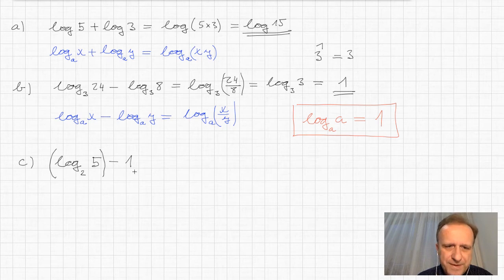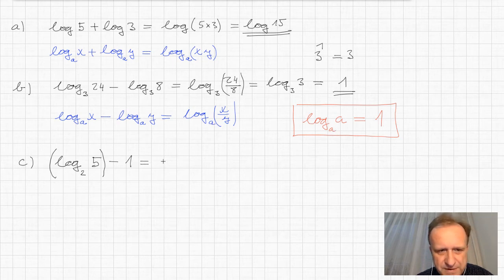So we need somehow to use the logarithmic laws, but it's not so obvious at first sight how to do it. But look, number 1 can be replaced by a logarithm. In this case, our base is 2, and therefore the number 1 could be replaced by the logarithm in base 2 of 2 itself.